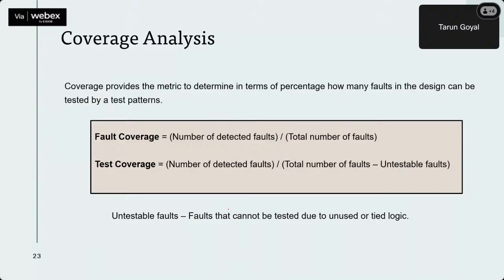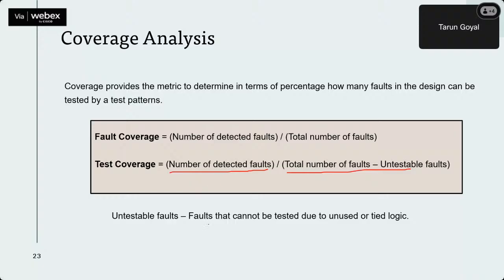We were talking about the functional and structural test difference, right? How it creates the difference is that it gives a metric which we can compare against a standard. For example, test coverage is the total number of detected faults divided by the total number of faults minus untestable faults.